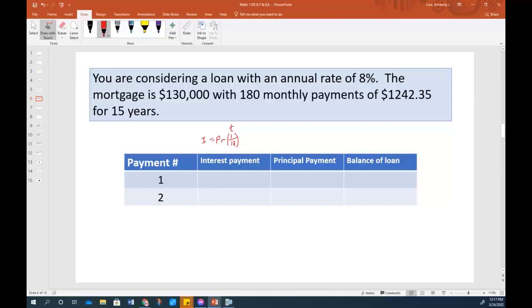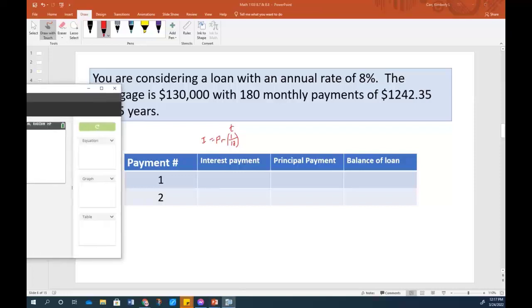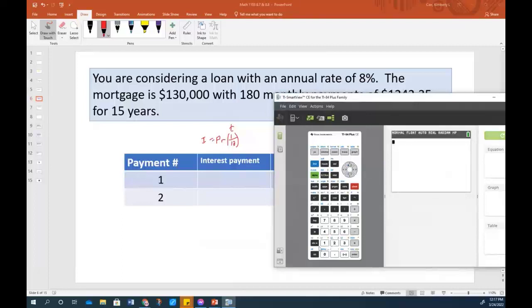So bringing up our calculator again, if I want to get that very first interest payment, I take my outstanding balance of $130,000, and then I multiply that, that's my P, times R, which was 8%, times 1/12.